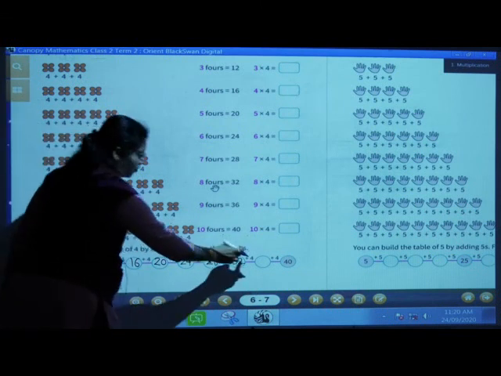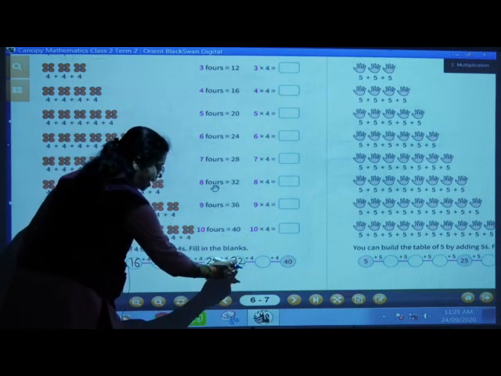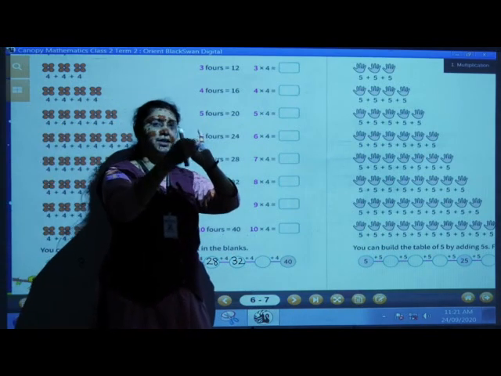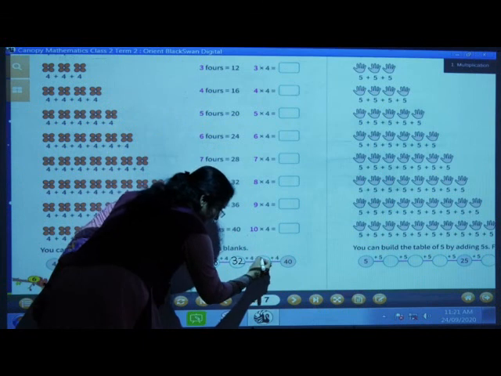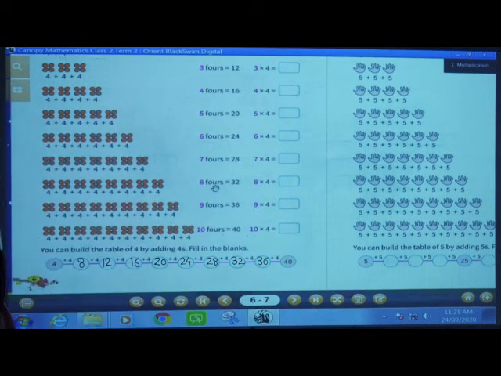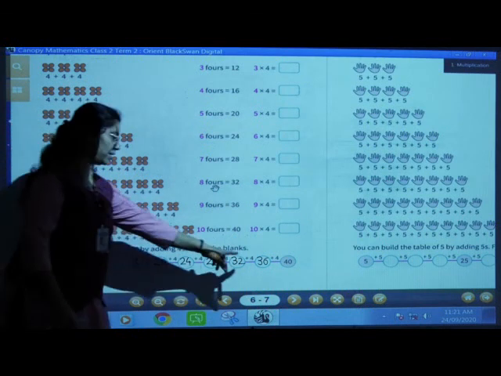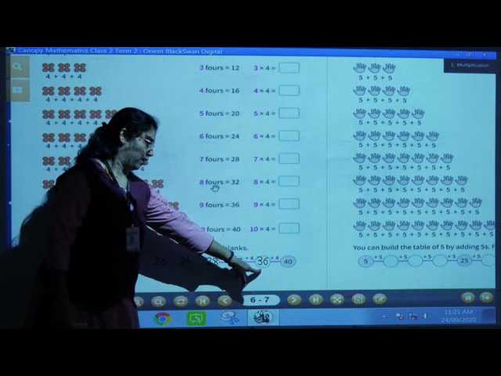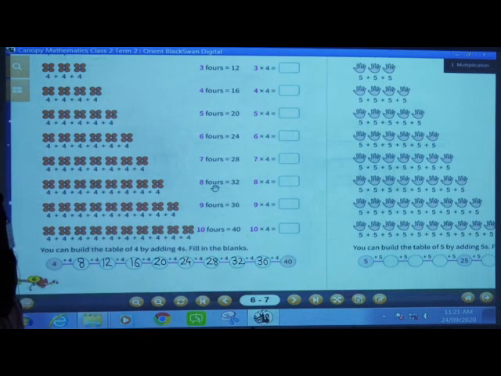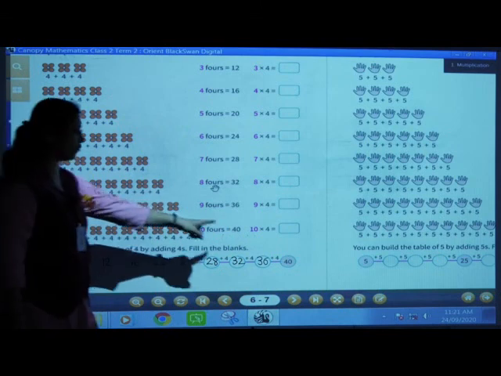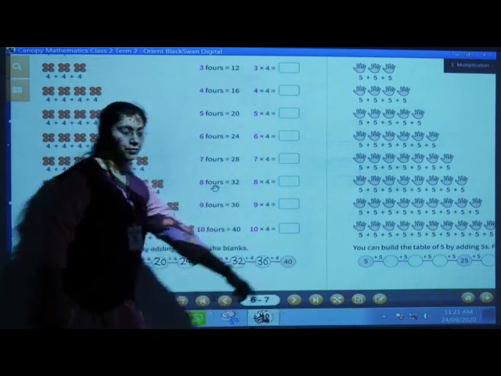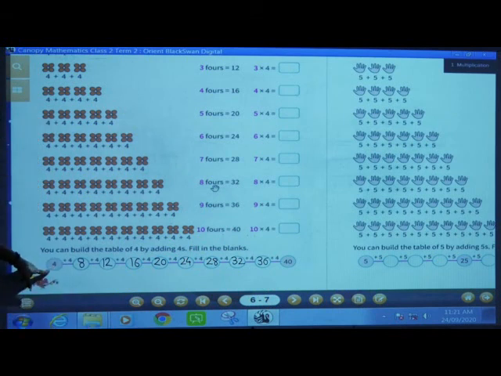Again this 4 we have to add to this 32. Means after 32, 33, 34, 35, 36. Four nines are 36 and 4 tens are 40. If we add 4 to this 36, we will get 40. Okay. This is the table of 4.